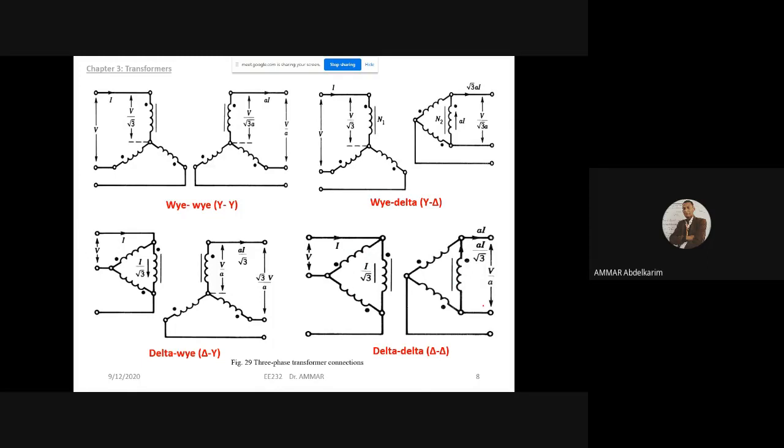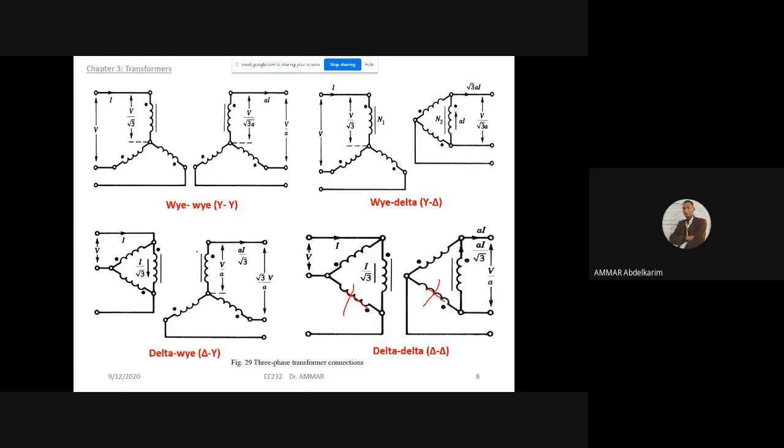So when we have the delta-delta connection, this connection has the ability to work with 2 transformers. We said that a 3-phase transformer can be constructed from 3 single-phase transformers.